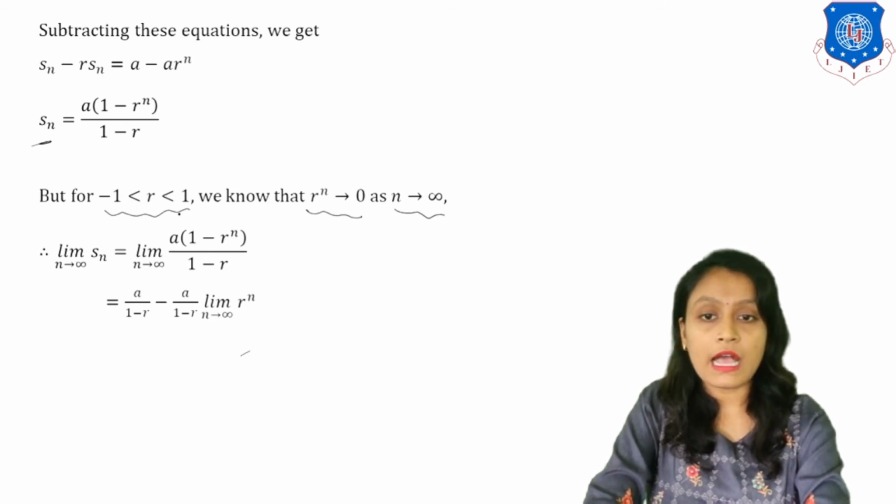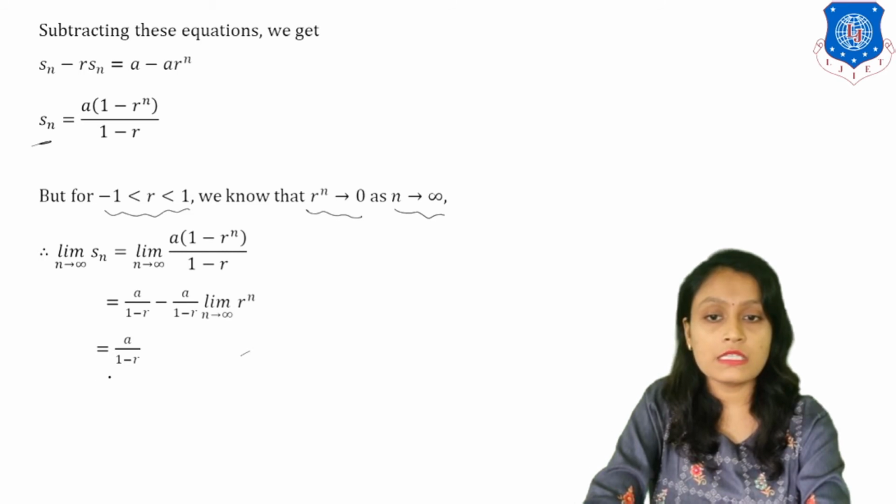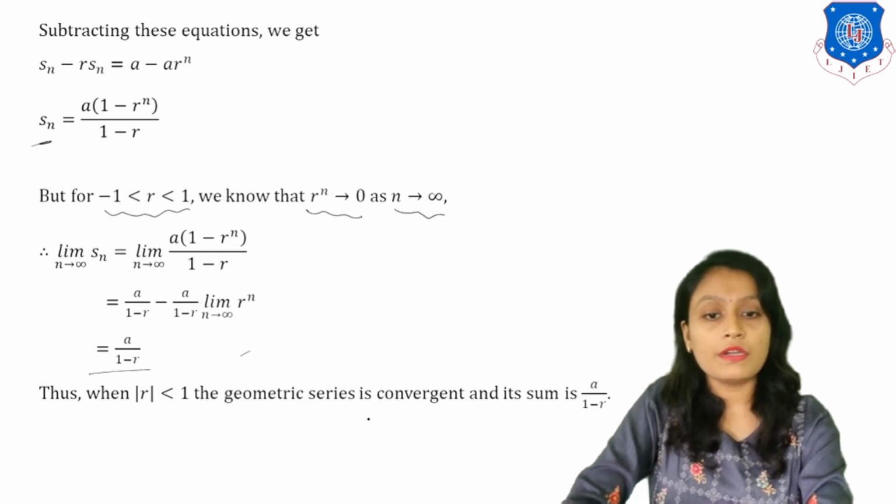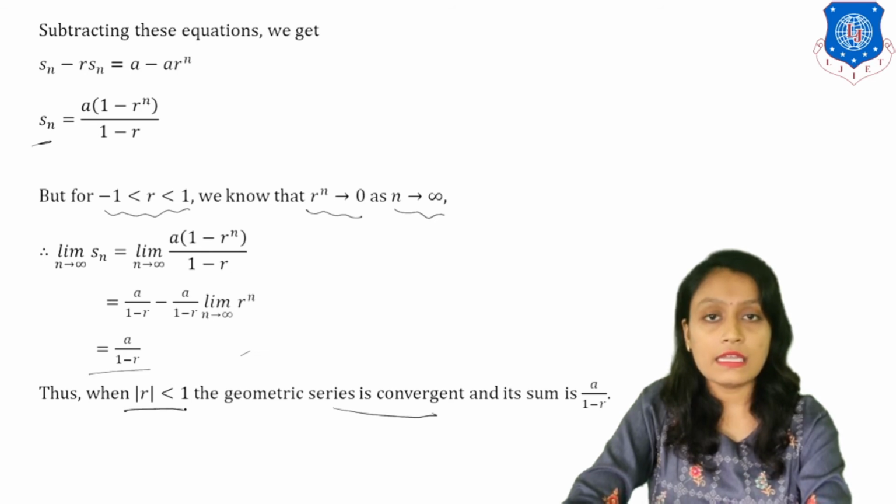Now we are considering r between minus 1 and 1. So this r raised to n will tend to 0 as n tends to infinity. Okay, so this term will be 0. So what remains is a upon 1 minus r. Okay, which is a finite term. So we can say that the geometric series is convergent when we have mod r less than 1.